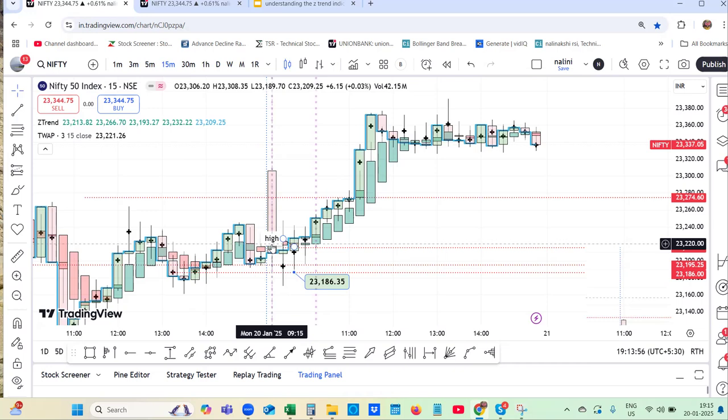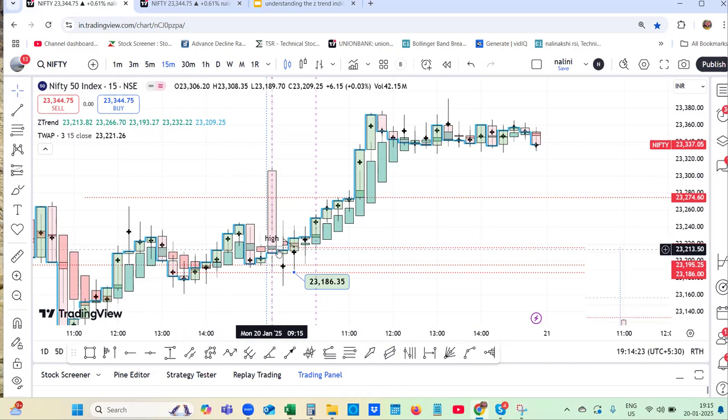You watch here. On the status line, you get 23,209 in the blue line color. After the calculation of everything, it gives the actual price for this Heikin-Ashi candle, 23,209. Correspondingly, TWAP gives 23,221.